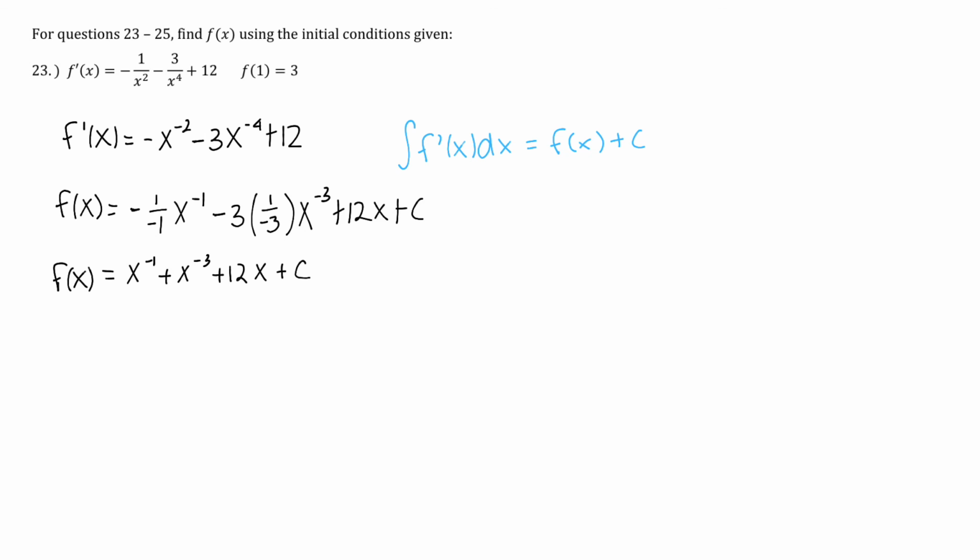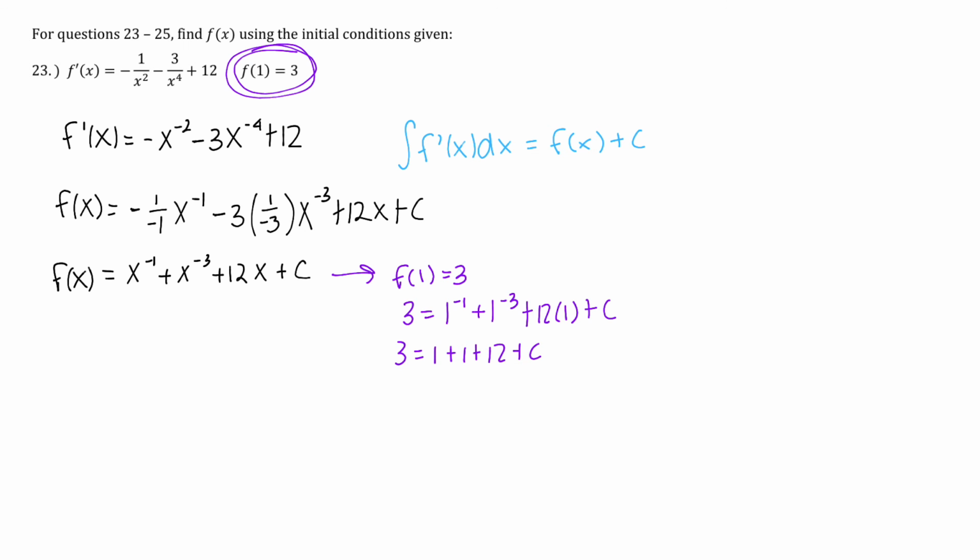We need to solve for c, and we were told that f of 1 is equal to 3. So if we plug in 1 for x, 1 to the negative 1 plus 1 to the negative 3 plus 12 times 1 plus c, 3 is equal to 1 plus 12 plus c, 14 plus c. So c will be equal to negative 11.